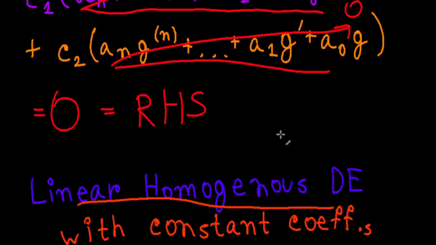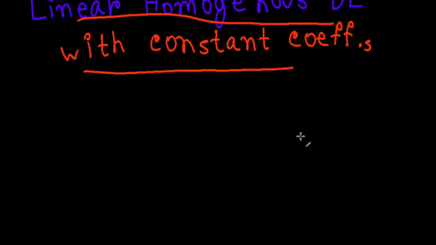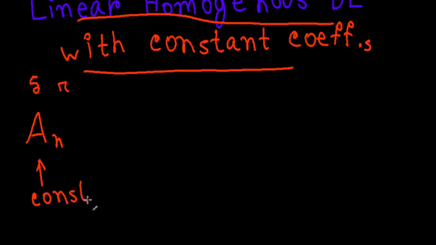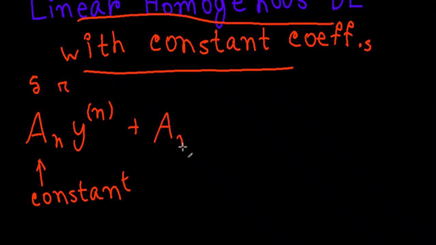So it's going to look something like this: a sub n, and I'll emphasize that this is a constant, like 5 or pi. It cannot be a function that varies. It's some constant multiplied by your nth derivative, and it goes on like that. All of your coefficients of y and its derivatives have to be constants.